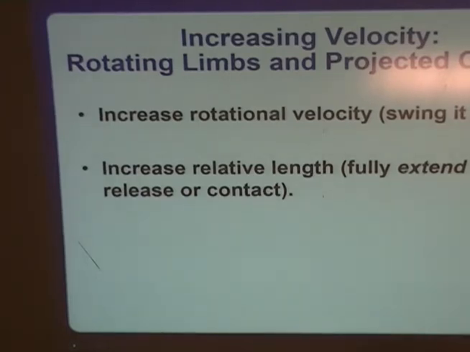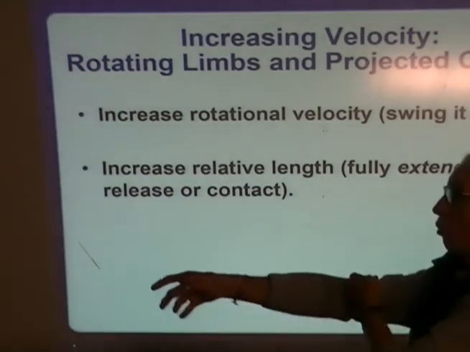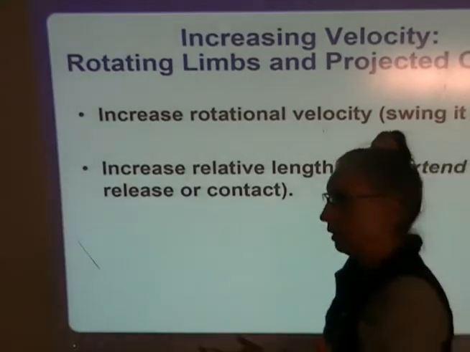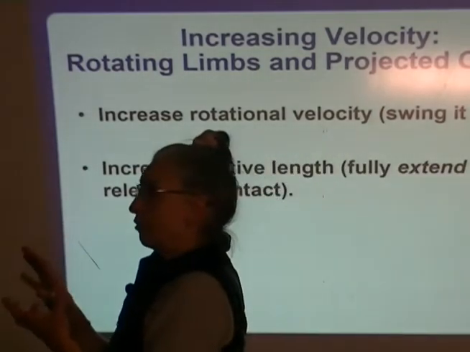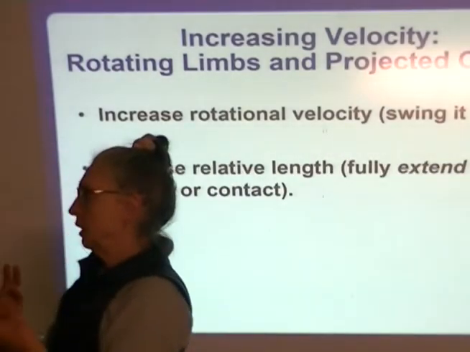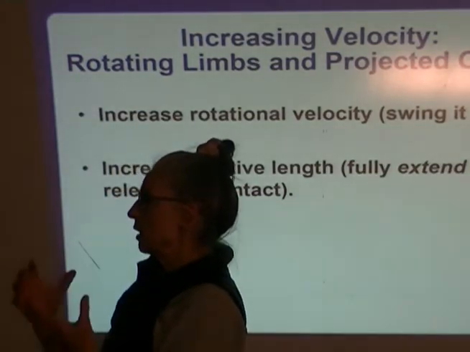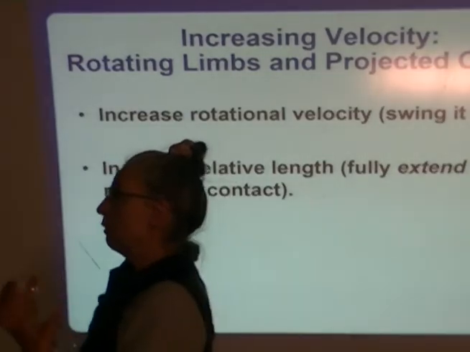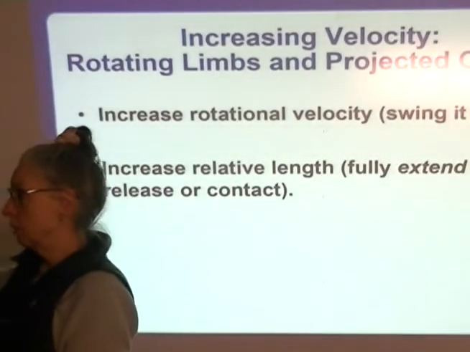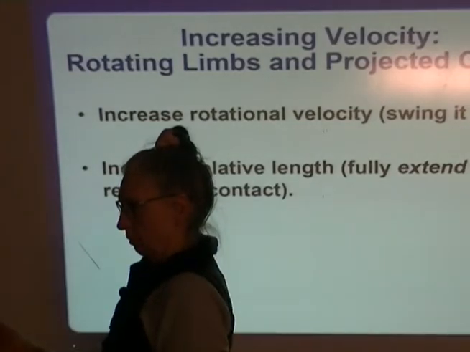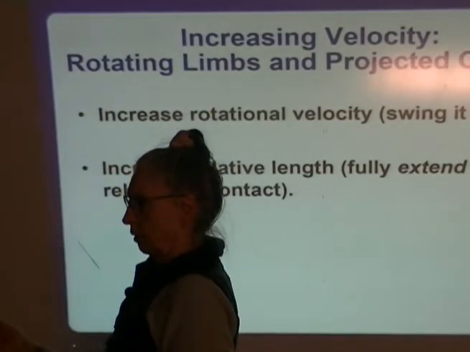So, one of the things we see with children who are still growing, right, that we have to be a little bit careful of from an assessment point of view, is that sometimes they start throwing the ball further because they went through a growth spurt and their arm got longer, right?